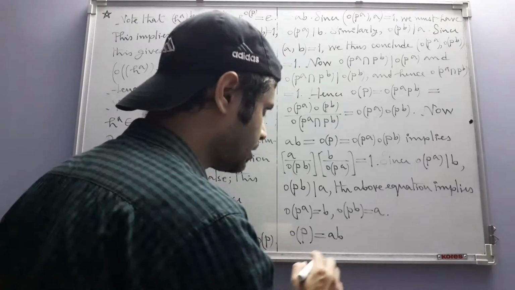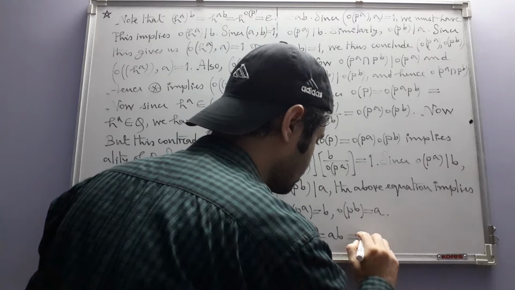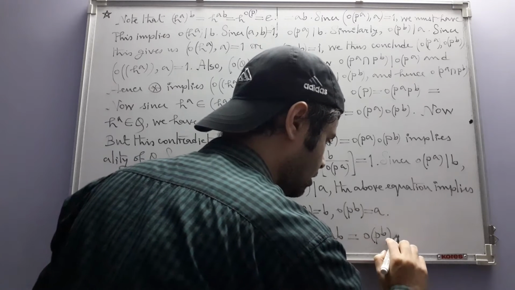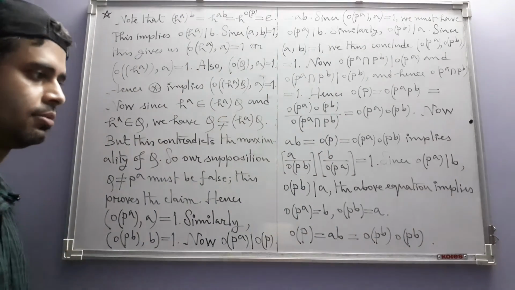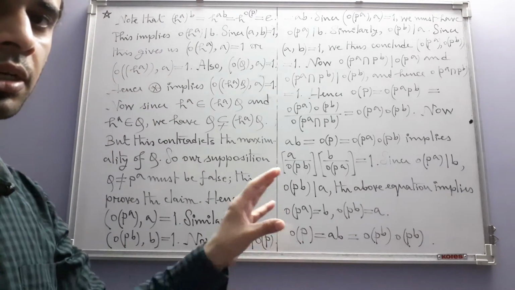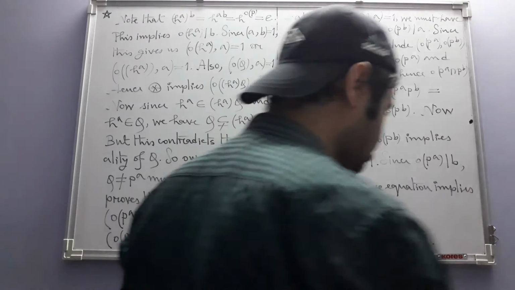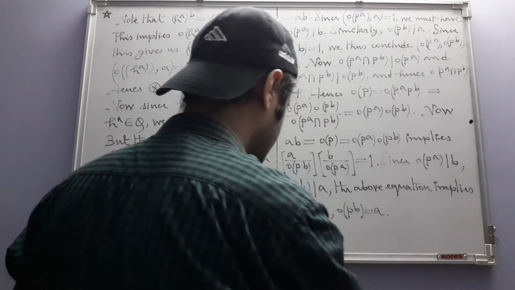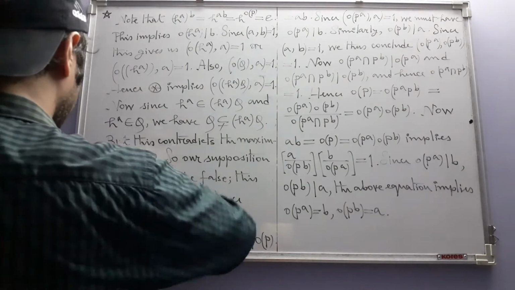Then there exist subgroups of P, one of order A and another of order B, such that their product is actually equal to the whole group. That's what we have proved here. Now this result will be used to solve the actual exercise. Let us see how.